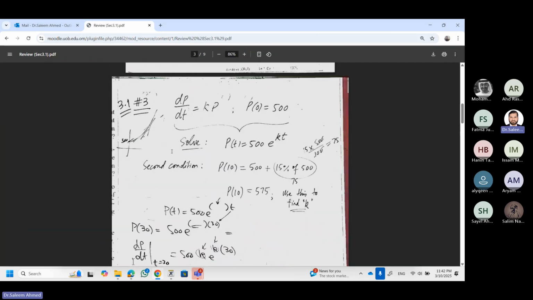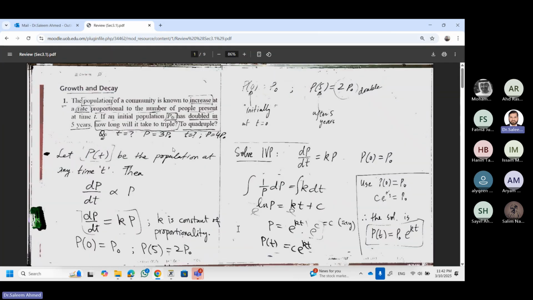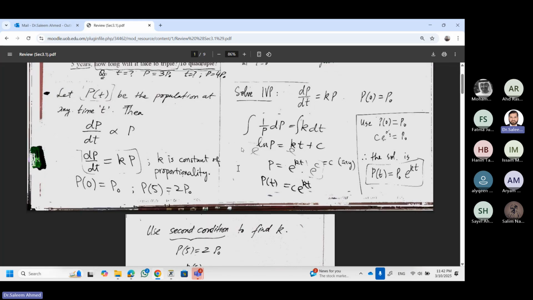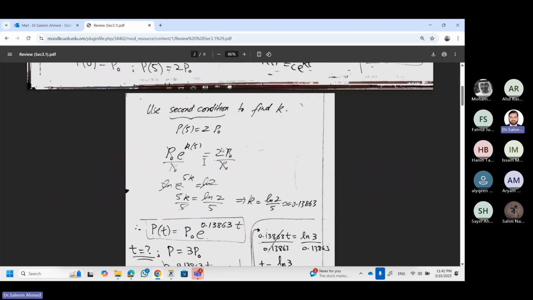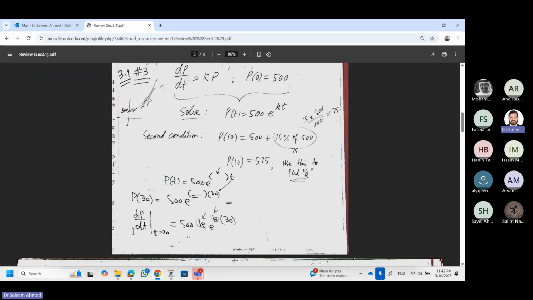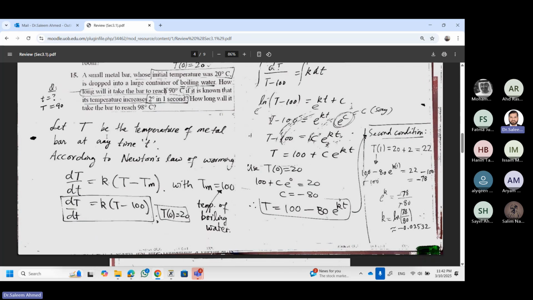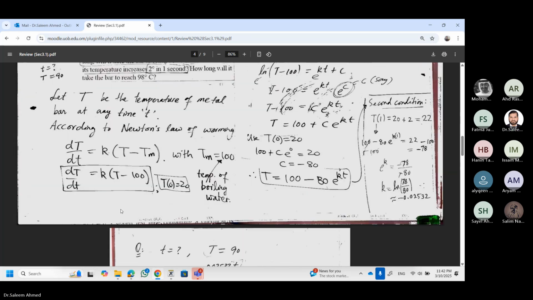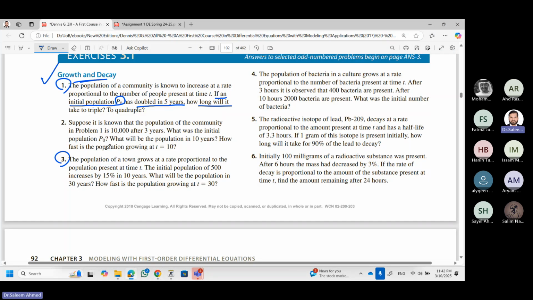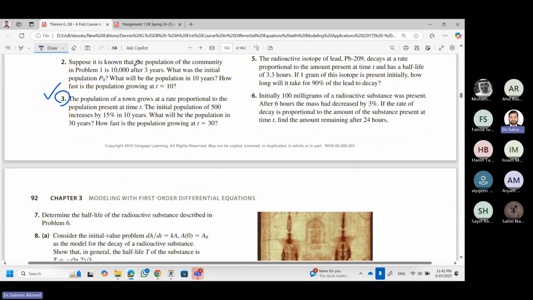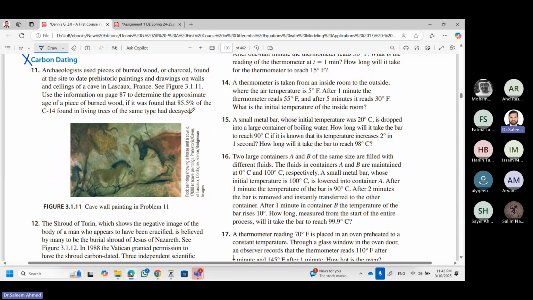It was done on the board, so maybe that's why it does not have a video. These are done on the whiteboard, and I took the pictures and made one PDF file and uploaded it. So question number 1 is done. Question number 3 is done here, and 15 is for Newton's law of cooling. So see, I did 1, 3. This is done, and question number 15 is done here.